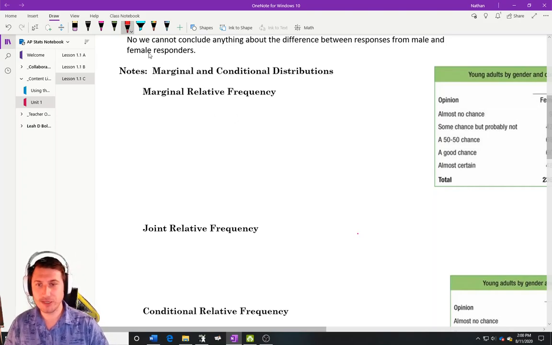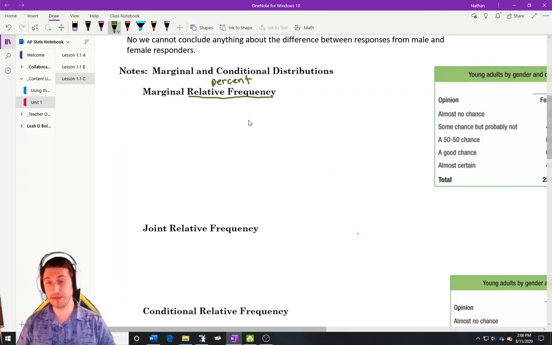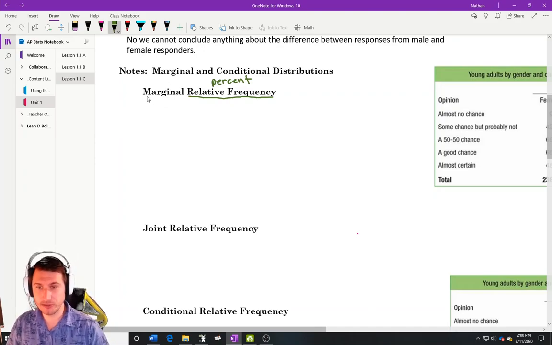All right, first, the term relative frequency. Don't let that throw you off. All that means is a percent. Okay? We can't use actual numbers of responders in this situation because we asked more males than females, so we have to go with percents. So marginal, of course, we're going to go to the margins.